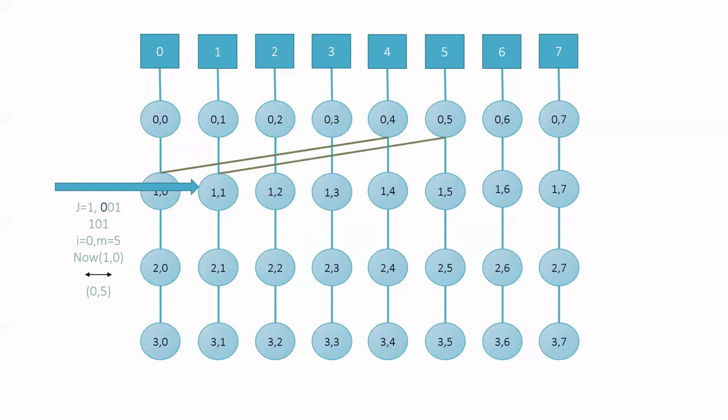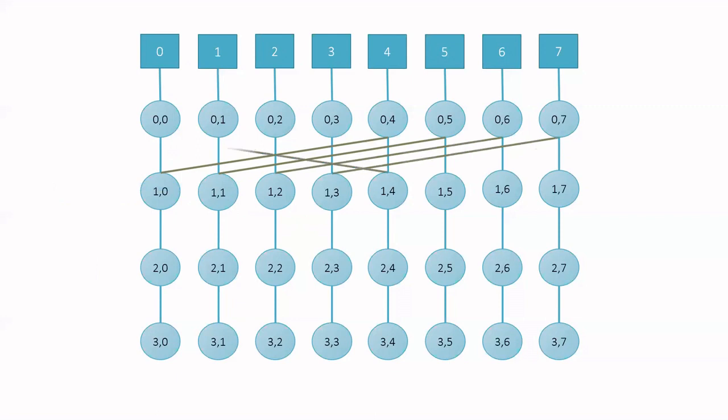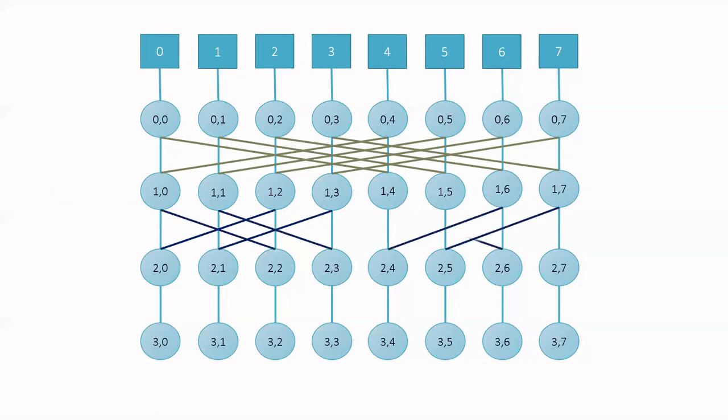Now try connecting all the nodes in row 1, 2, and 3. Finally, the butterfly network for an 8 processor will be created like this. Hope you all get the point why this is named as a butterfly.